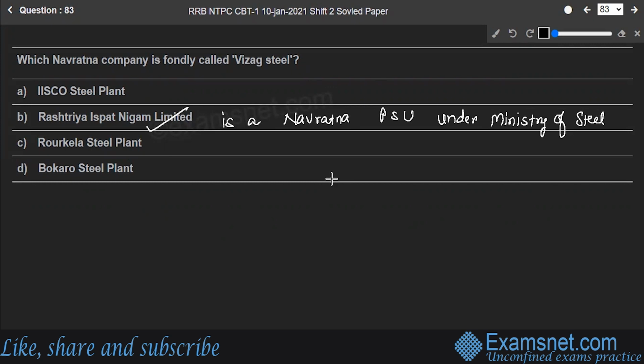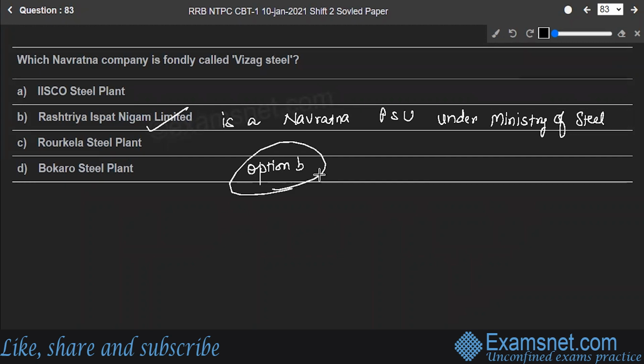It was established in 1982. RINL was wholly owned by Government of India. In November 2010, the company was accorded Navratna status by the government. So we have option B as the correct answer to this question.